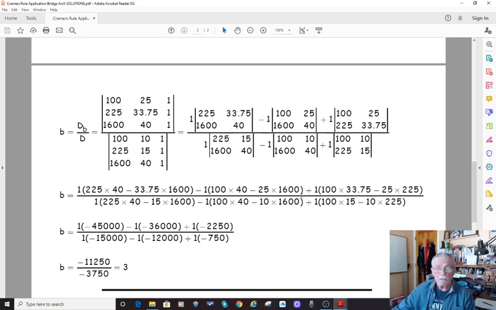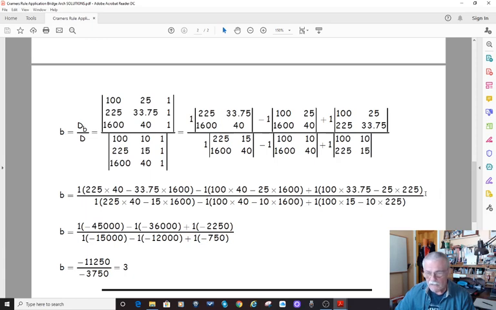Okay, and then everything works out. I typed it up beautifully for you. A lot of work, ridiculous, but then I figured it's done once, and I never do it again, right? Okay, you work these out, and lo and behold, this becomes negative 45,000, this becomes negative 36,000, and this becomes negative 2250.